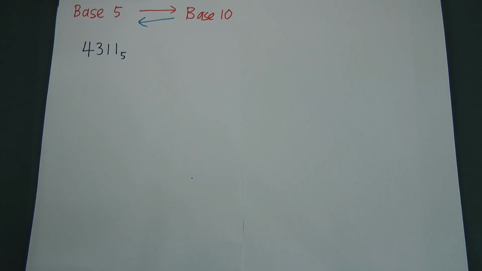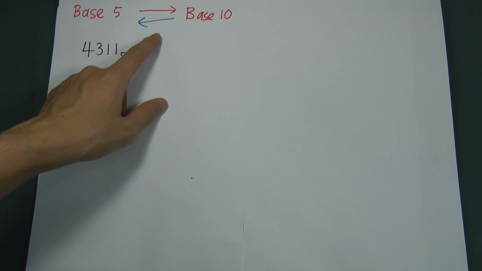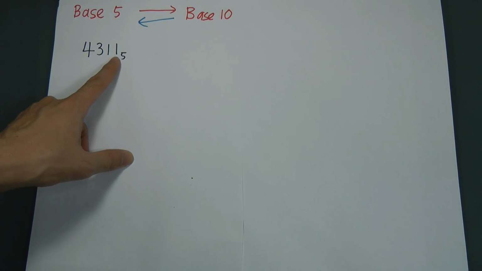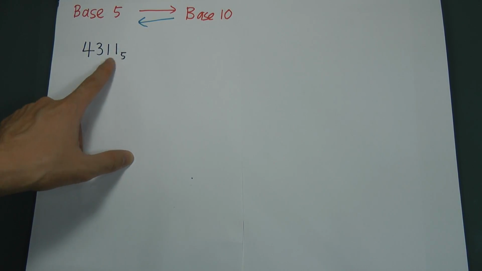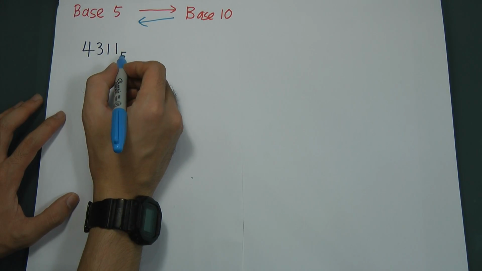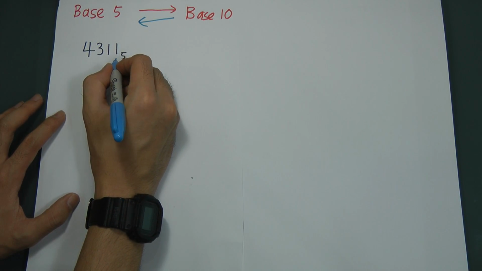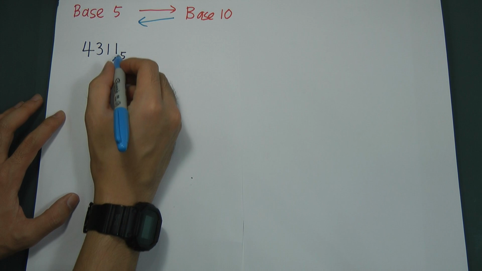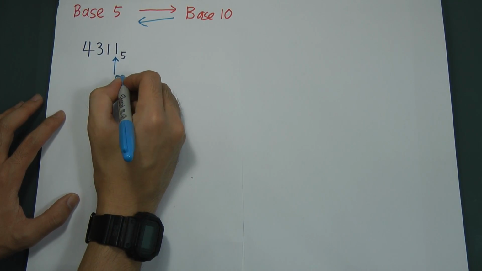In order to change base 5 to base 10, the very important thing you must understand is the position value of each digit. Since this is base 5, the first number over here, the value of 1, will be 1 multiplied by 5 power of 0.